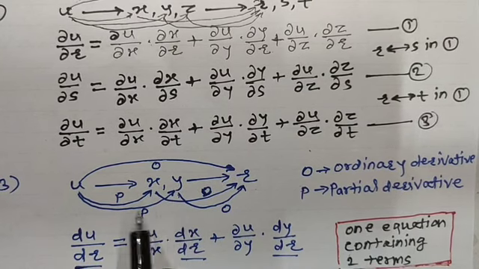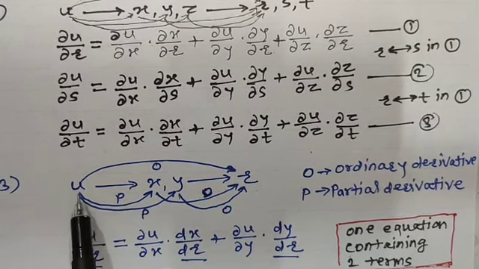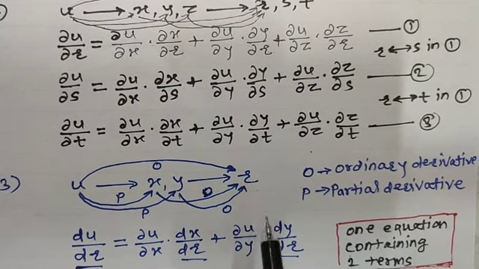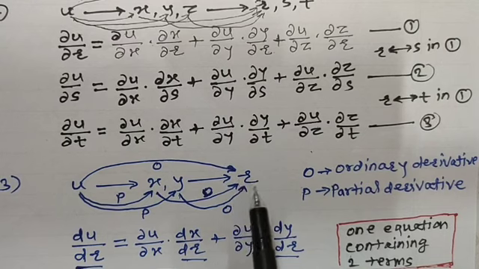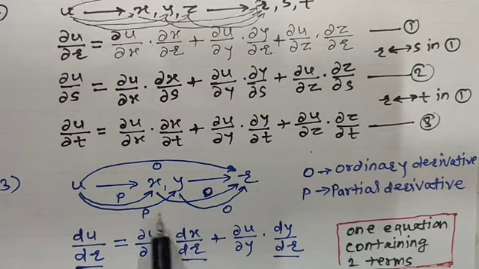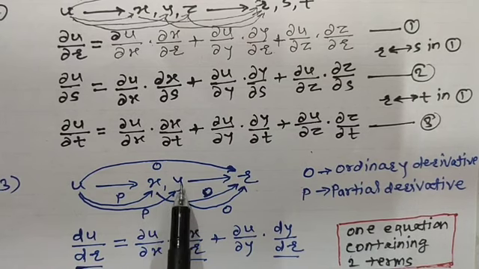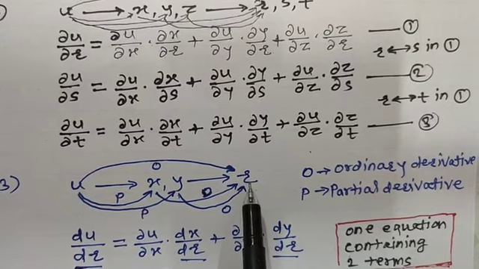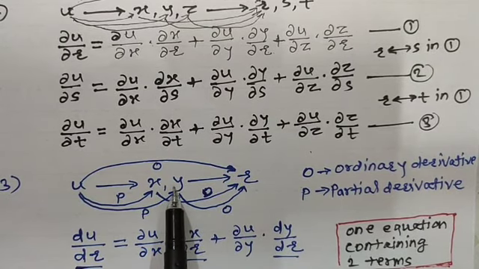We have to find the derivative of u with respect to r. What is the meaning of this? This is a single independent variable, which means there exists a single equation, and that equation contains as many terms as the number of variables appearing here. 2 variables are there, so there exists equation 1 containing 2 terms.